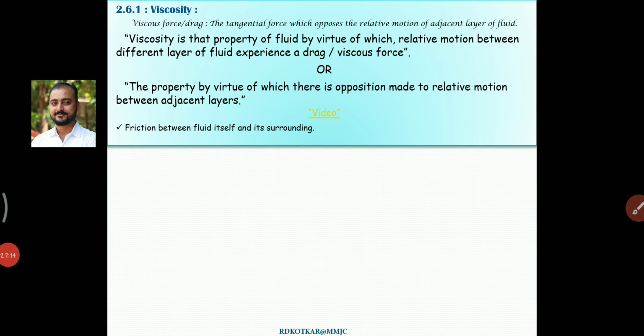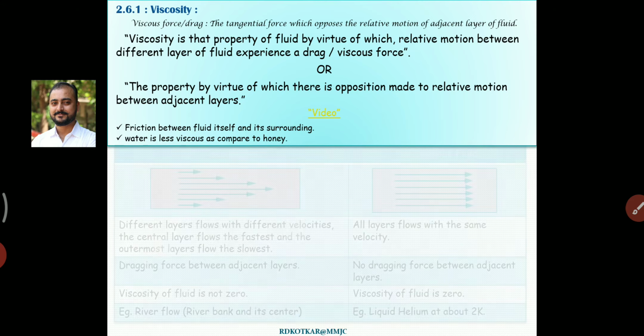Why does this occur? Because there is friction between the fluid itself and its surroundings, meaning the layers of the liquid are under the action of friction. This friction occurs in solids, but in liquids as well as gases it is considered viscosity. Water is less viscous as compared to honey, and that's why it takes less time to fill the glass.